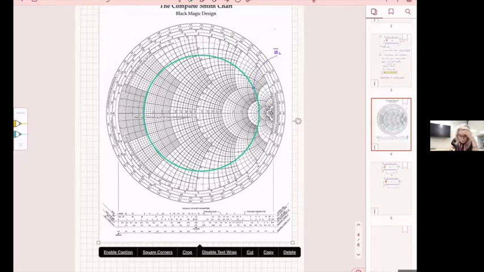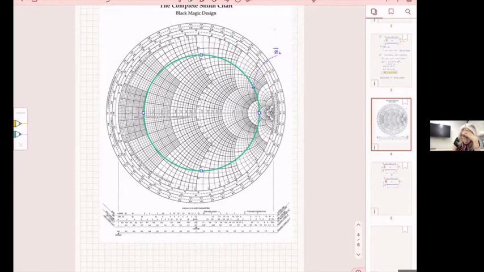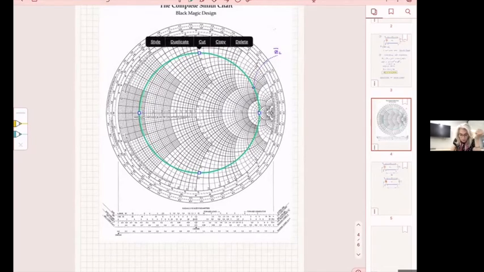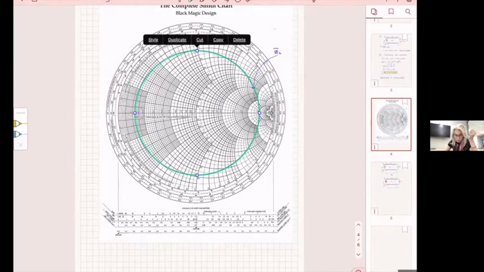I think maybe a little further out here. Okay, a little further out because it seems like the other side is, yeah.